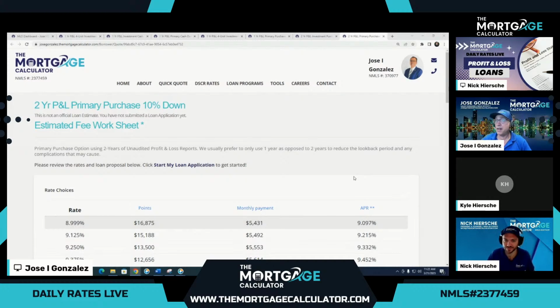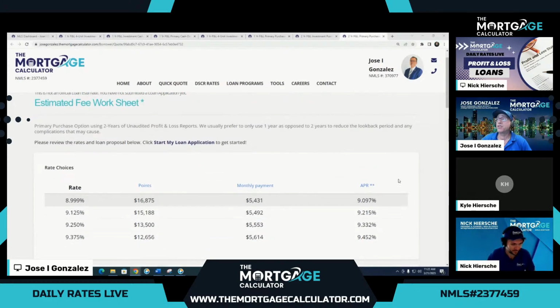But nevertheless, here we have a 10% down purchase, 90% loan to value using unaudited profit and loss reports. Mind you, again, there's no mortgage insurance ever on non-QM loans above an 80.0% LTV. Never, ever. So again, these rates do take that into consideration.